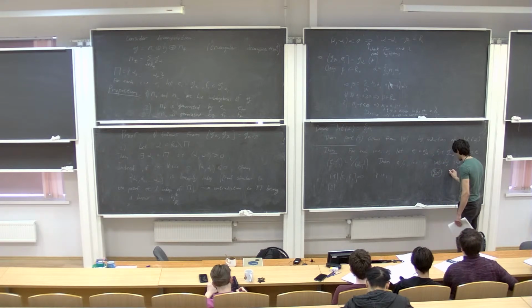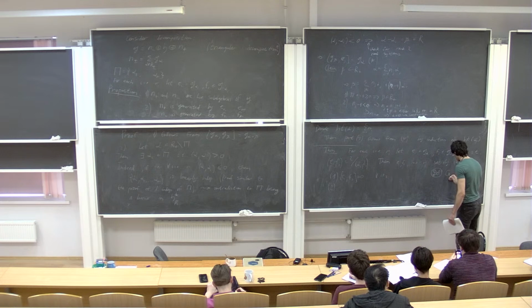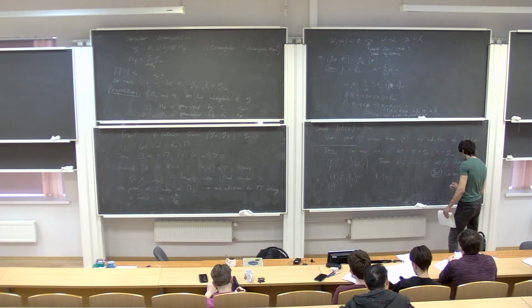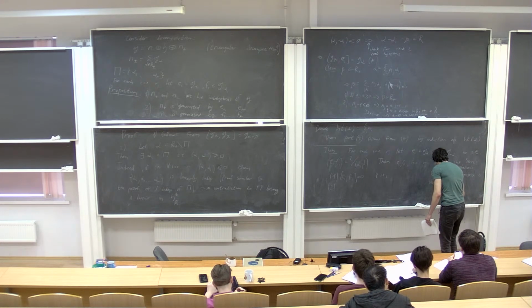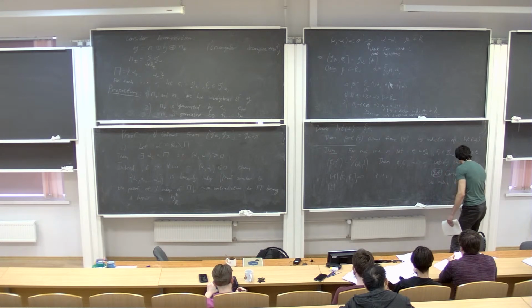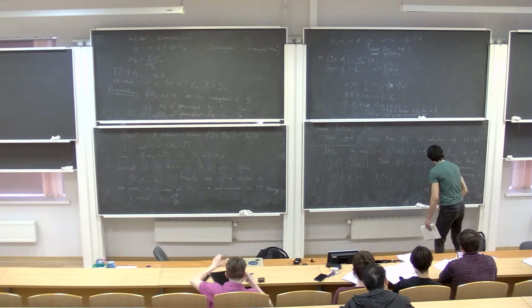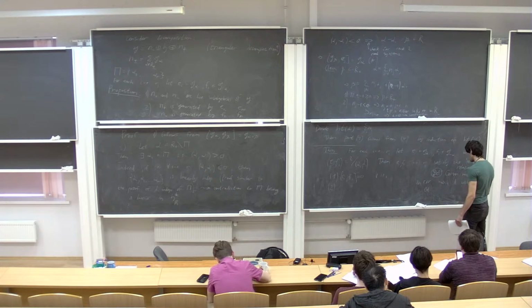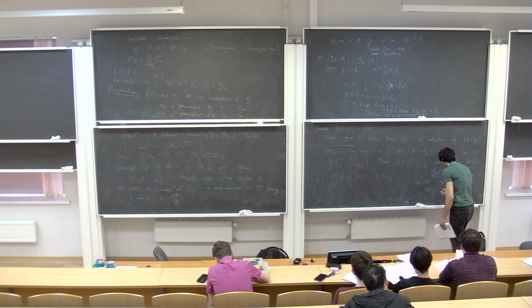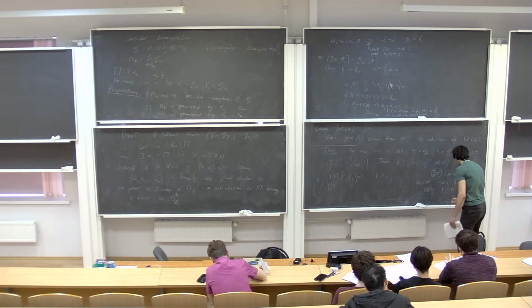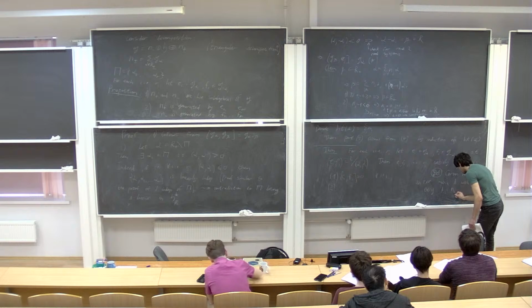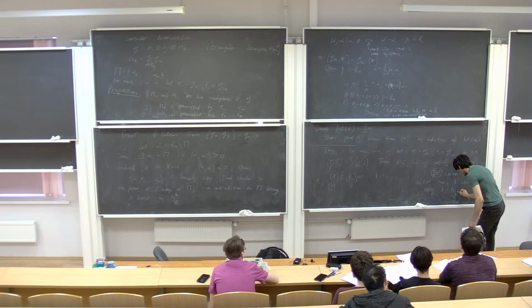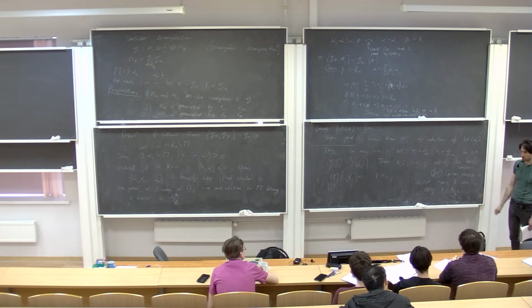Definition: the Cartan matrix is the r by r matrix A with ij-th entry a_ij equal to the inner product, but I will need alpha_j first, for some technical reason. So like that, this is my definition of the Cartan matrix.